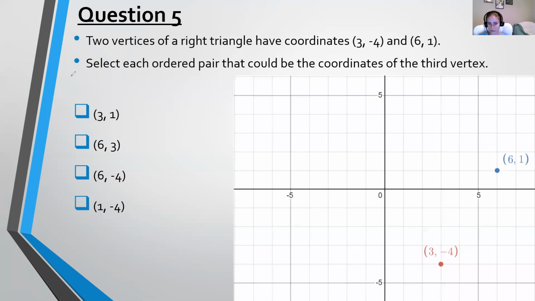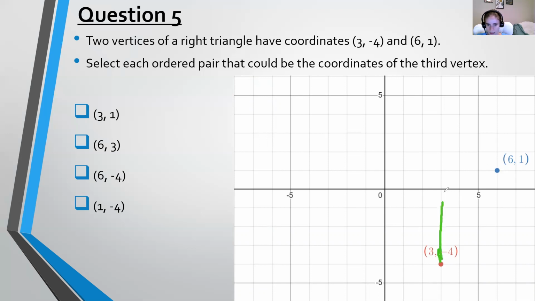So here I just did this for you. Ooh, these grid lines didn't copy well, sorry. But here we have our 2 points, 3, -4, and 6, 1. So I like to connect the points in order to make my triangle. I need that visualization.